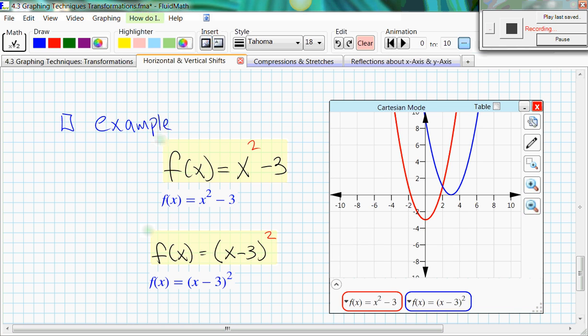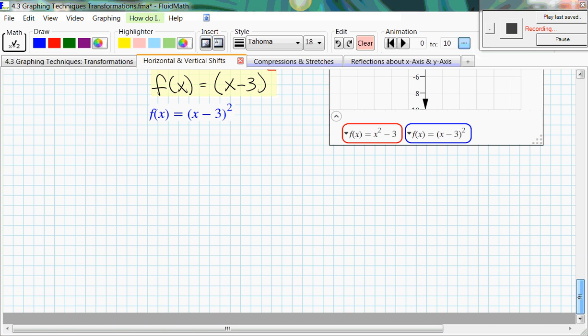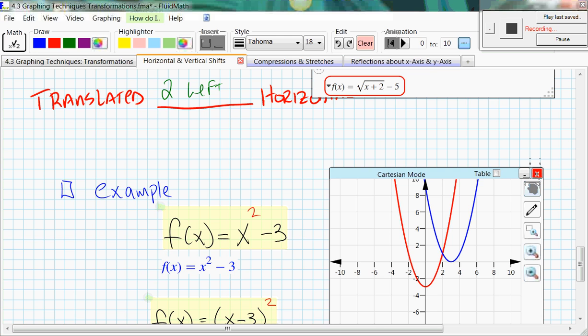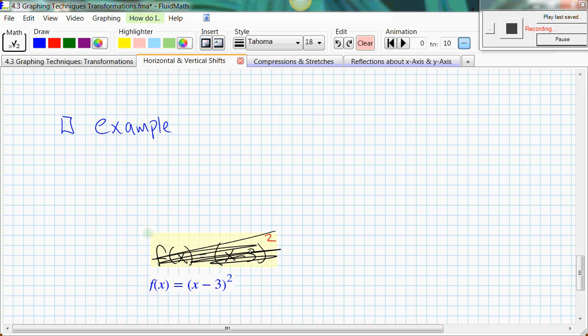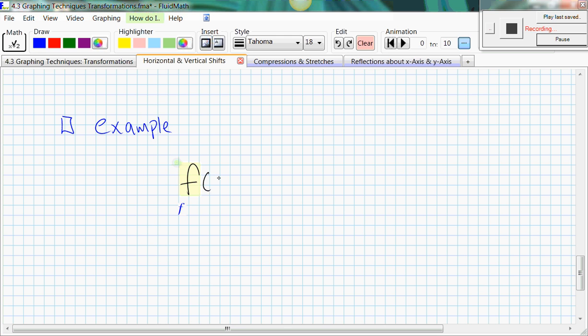Okay, let's do one more example here. Let's clear this stuff out. Let's do f of x equals, how about 1 over x plus 2?